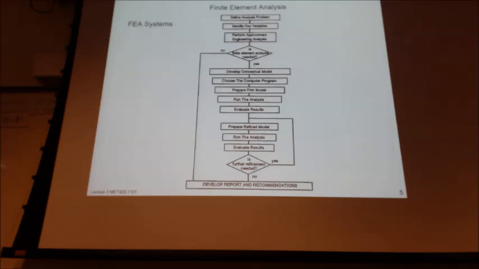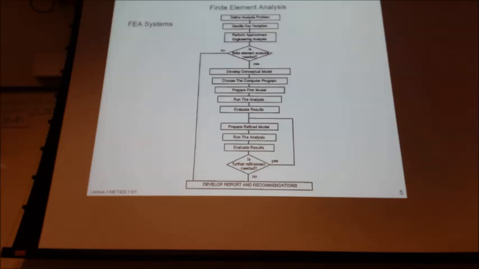The steps that you will typically go through when doing a finite element problem: you have to define and identify the problem, and maybe you do an analytical calculation, and maybe that's sufficient to provide the results that you need.